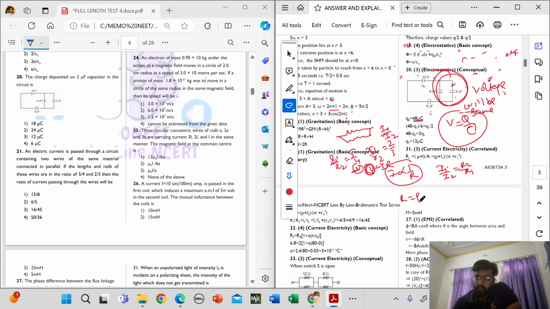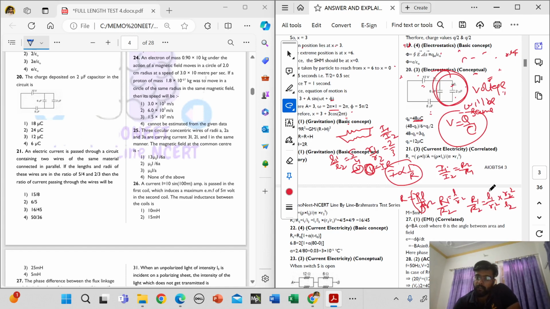We know that R is equal to rho L upon A. A is pi r square. These are constants. So R is proportional to L upon r square. From this relation, we can get R1 upon R2 is equal to L1 upon r1 square into r2 square upon L2.